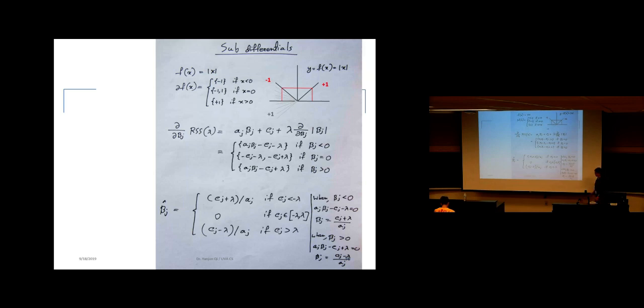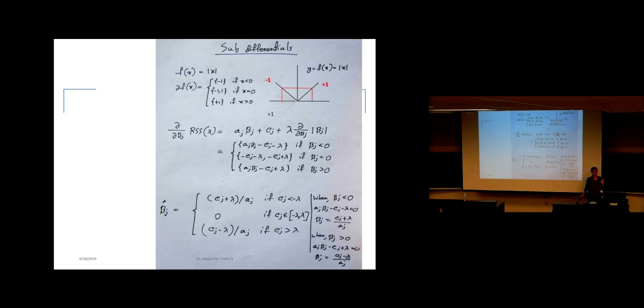What you are going to get is that the reason it gives you sparse solutions is because of this soft thresholding step, and that lambda is really controlled here. Based on all those derivations, one of the important quantities you learn is that if the absolute value is smaller than lambda, you're going to push it to 0.